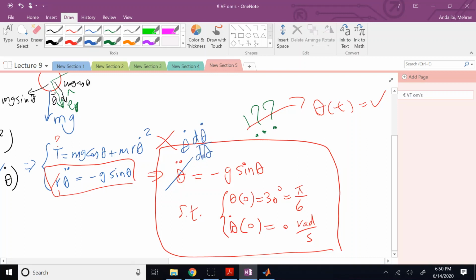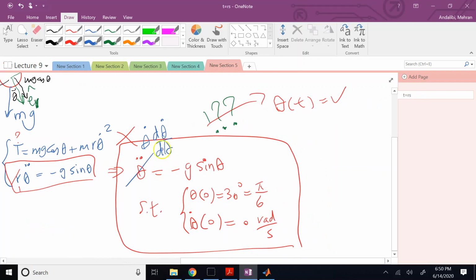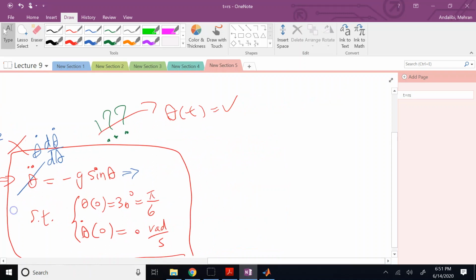Well, you might say, okay, even if you do that, this ODE was not solvable. If you write it this way, does it become solvable? We cannot find theta directly, but yes, we can relate theta and theta dot together. So if you do it, and multiply both sides by d theta, you're going to get theta dot d theta dot is equal to negative g sine theta d theta.